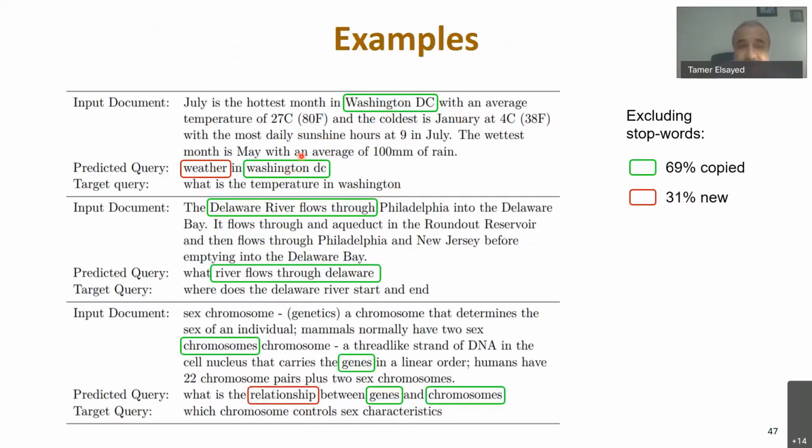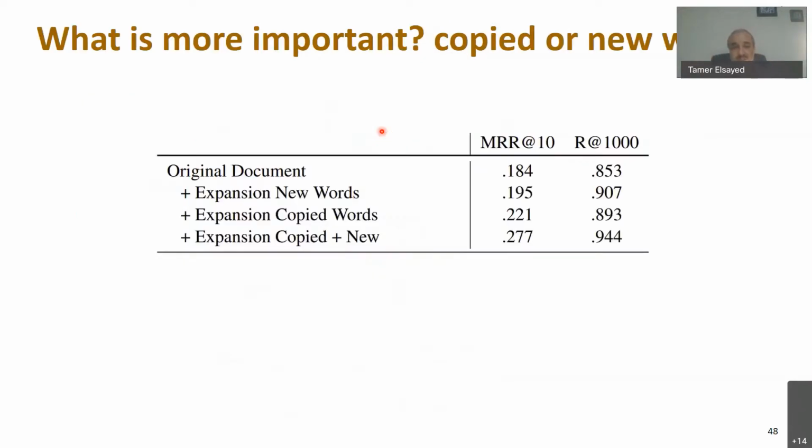Would it be beneficial just to add Washington DC only to that document? Would it make any difference? It will make a difference, Doctor, with the term frequency. Yes, exactly. So this is like boosting the weight of these terms, right? This is like saying, look, these terms are more important, so let's increase their weight. So even if we got only old or existing terms, that might be beneficial at least. So this experiment shows that.